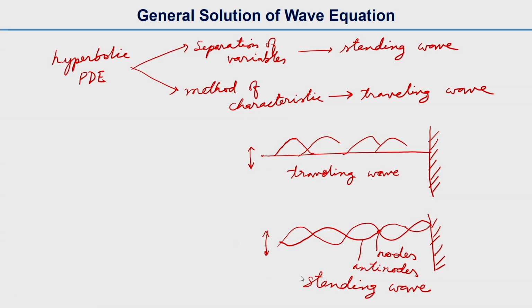But the standing wave happens because of constructive and destructive interference, and two waves are involved, the incident wave and the reflected wave, and we cannot see the waves moving from one side to the other.